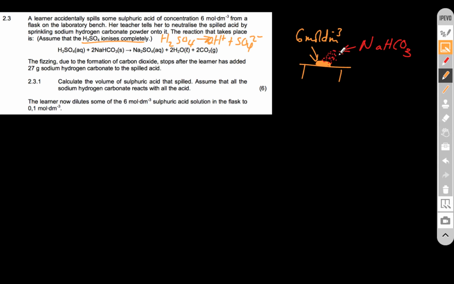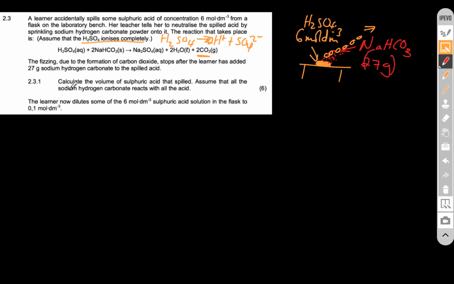Obviously, when you add the sodium hydrogen carbonate to the sulfuric acid, H2SO4, there is going to be a neutralization reaction. And since it's producing carbon dioxide, that carbon dioxide is going to form some bubbles. So that means the amount of sodium hydrogen carbonate that was added was 27 grams.